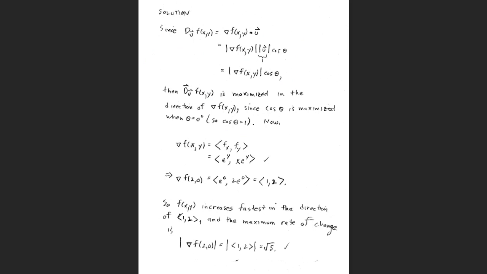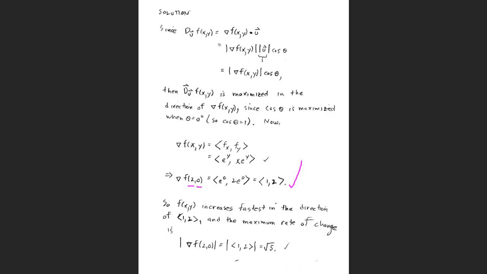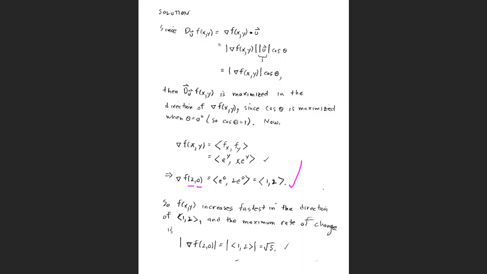So when x equals 2 and y equals 0, the gradient vector equals the vector 1, 2. And so our function is going to increase fastest in the direction of 1, 2.